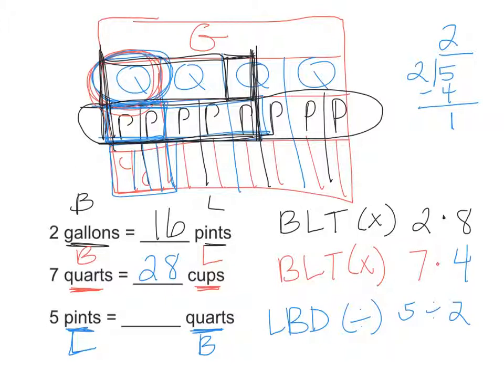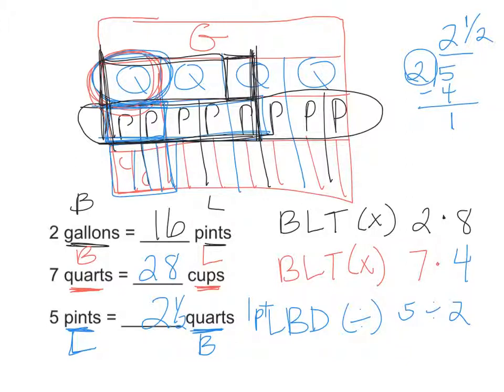So there's several ways I can answer this problem right now. I could say that I have 2 quarts with 1 pint left over. Or I could turn this into a fraction, 2, and then my remainder becomes my numerator. The denominator is 2. So I could also refer to this as being 2 1/2 quarts.